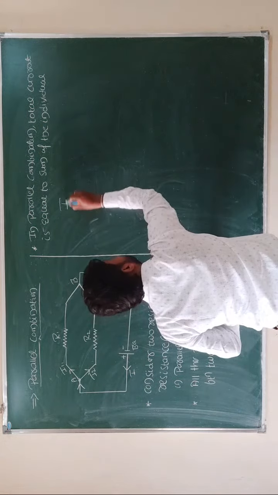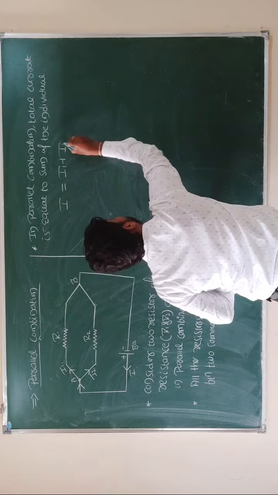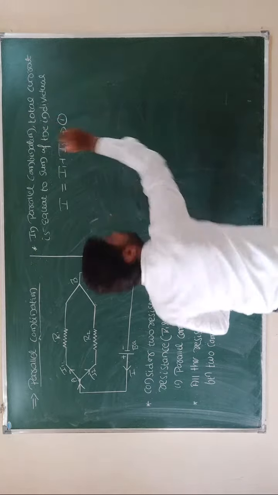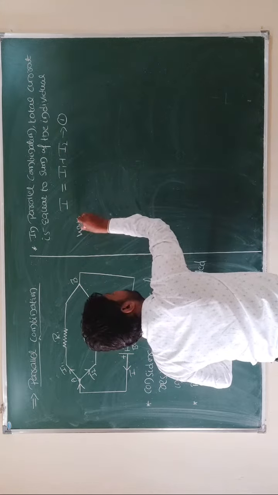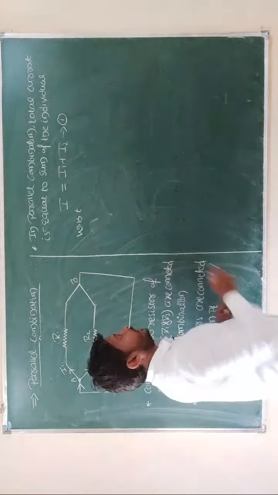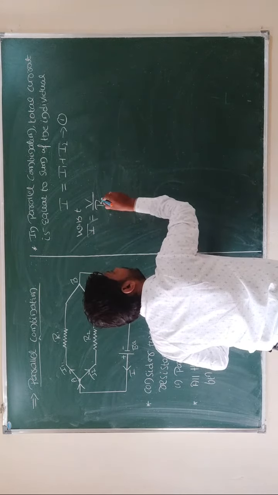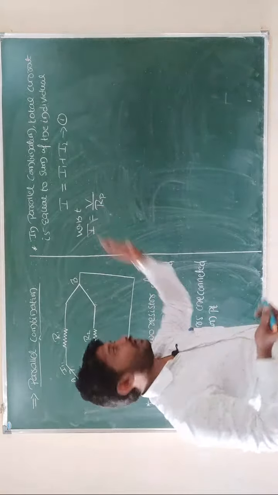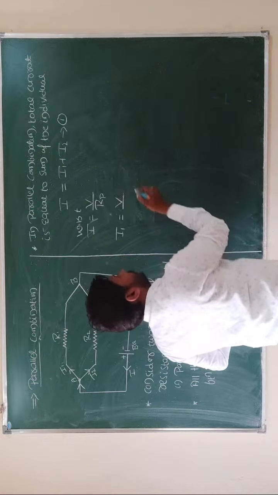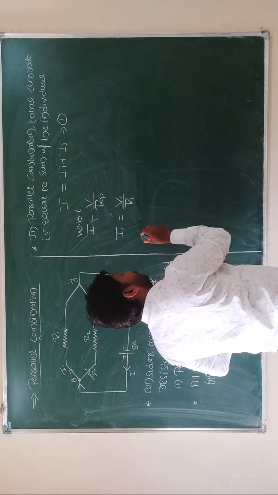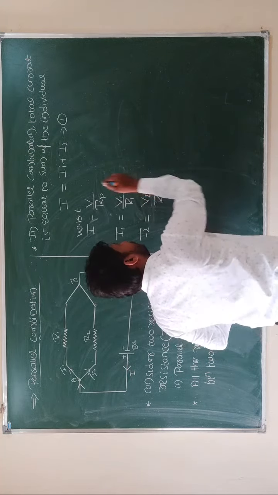Let me write it in equation form. Total current I is equal to I1 plus I2, right? Let me take this as equation 1. From Ohm's law, V is equal to I into R, so I is equal to V divided by R. Here the resistors are in parallel combination, so I will take R of P. The current through the first resistor is V1 by R1 and V2 by R2.